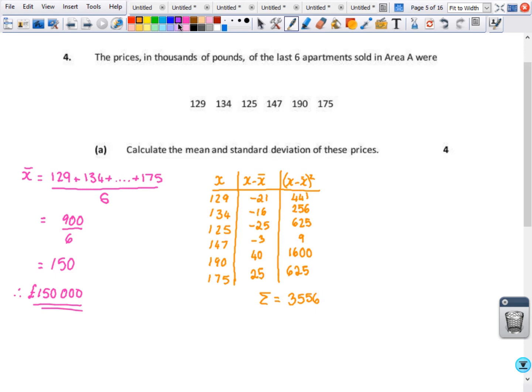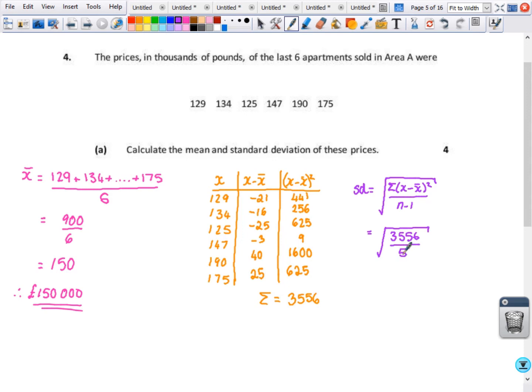Then I'm going to actually find my standard deviation. Okay, so that's the square root of that sum that you just found all over n minus 1. So it's going to be the square root of 3556 all over n minus 1. There were 6 things there, so that means it's going to be 6 take away 1 is 5.